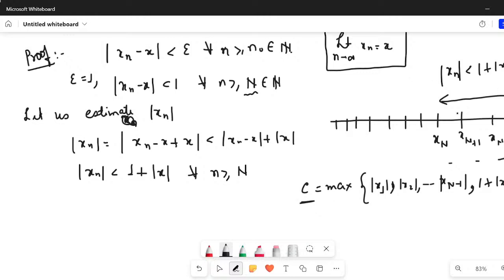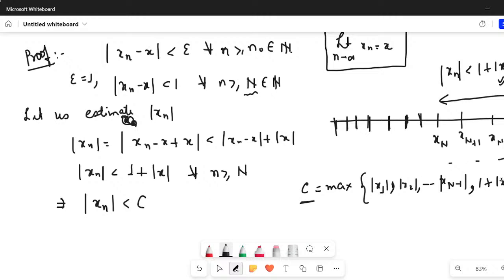If the maximum is coming beyond that, that is x subscript capital N, then it will be less than 1 plus |x|, so the upper bound would be this. Here I don't know what the maximum is. So I'm just writing c, which is equal to the maximum of |x_1|, |x_2|, up to |x_{N-1}|, and 1 plus |x|. Whatever be the maximum, it would be denoted by c. So what does it imply? It implies in general all the elements of the sequence would be less than c.